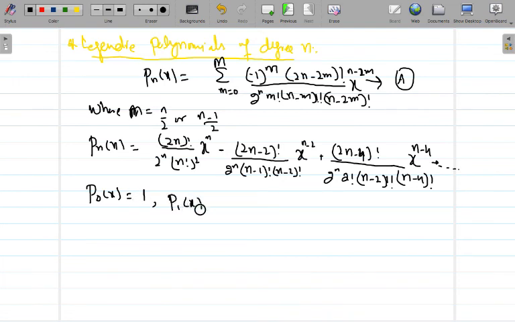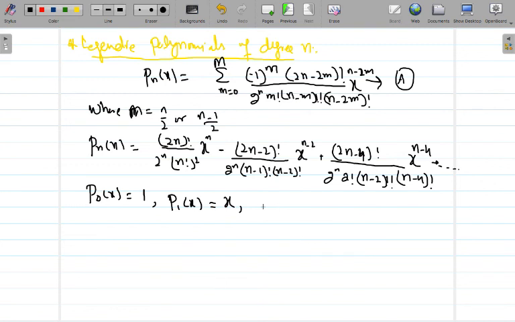For n is equal to 1, we get x power 1, and this 2 and this 2 cancel, this is 1 square, and this term is 0, so we get P1 of x is equal to x.